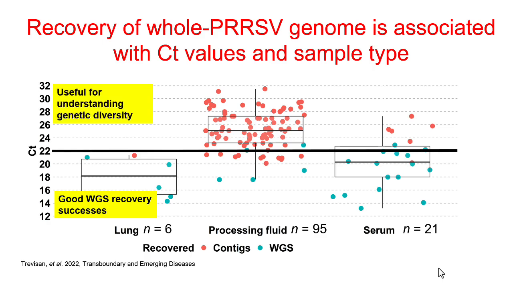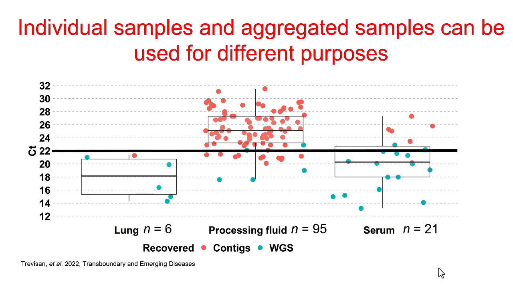On the other side, if you look at the upper side of the bar, we don't have a good whole genome sequence recovery rate, those are the red dots over there. But if you look at the big box, those are processing fluid samples, which are population samples. So the other thing that we can infer here is that the sample type matters. If you're looking at individual sample types like lung or serum for whole genome sequencing, they are more suitable to get a full genome recovery.